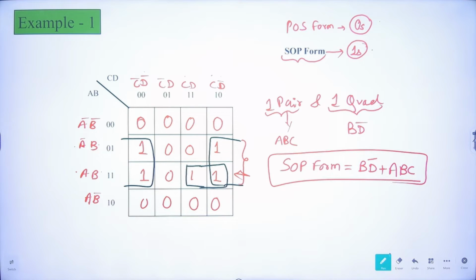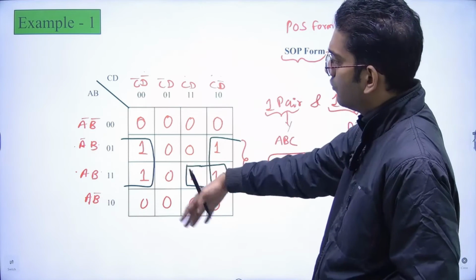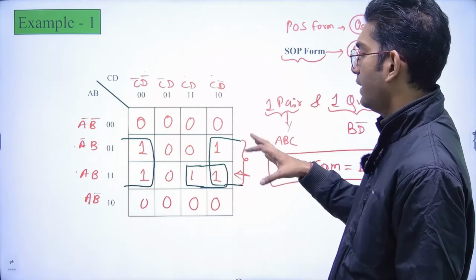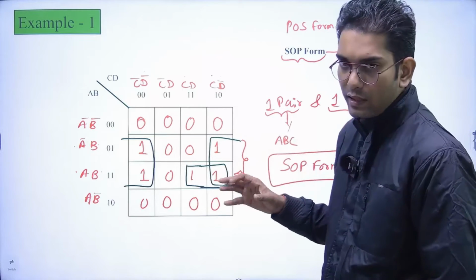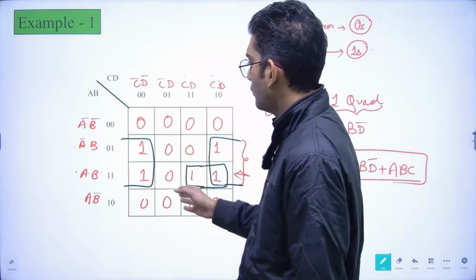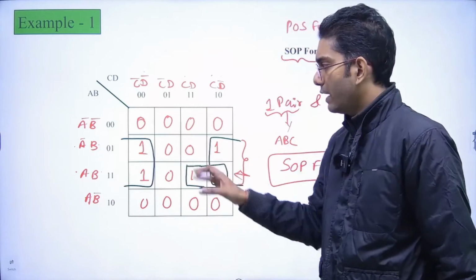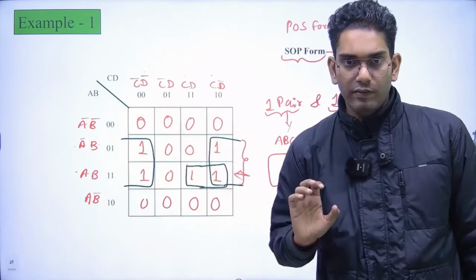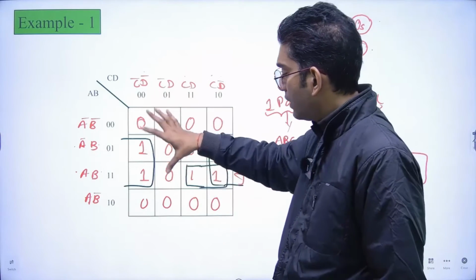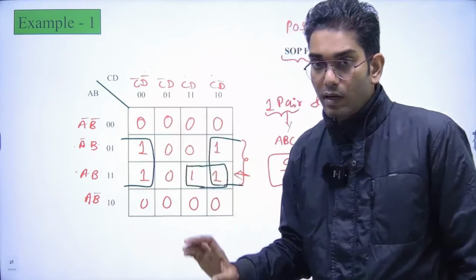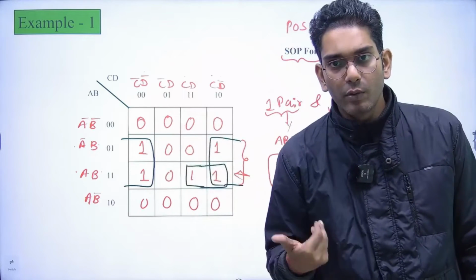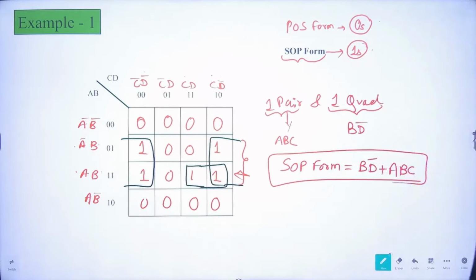If some question is given to you, I will explain later where and how you have to place ones and zeros, and after that you have to do this minimization. Here you just have to understand how we are doing the minimization, fine. So you can have a look at it.